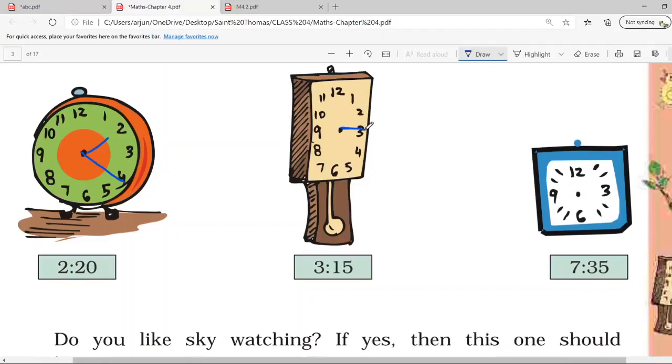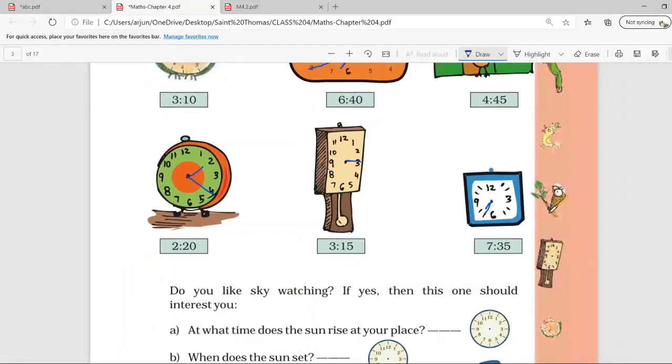Both will be at the same place. And in the last one, 7:35, the hour hand will be somewhere between 7 and 8, and the minute hand will be exactly at 7. So these were the answers which I gave you to solve, and yes, we have solved it.